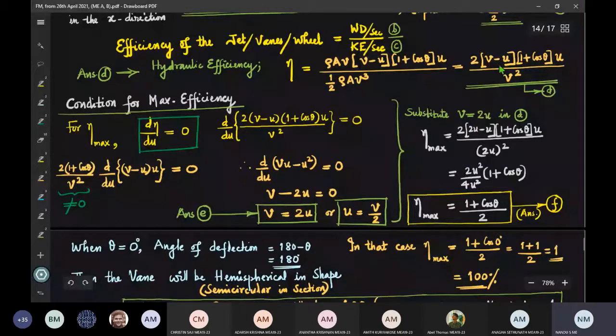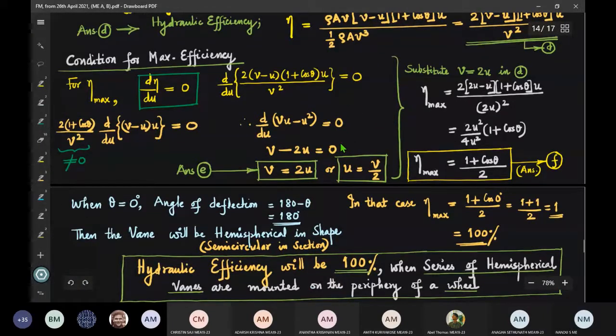Remember, in this efficiency expression, this 1 plus cos theta is the factor that comes in when you consider a series of curved vanes mounted on the wheel and the jet is striking at the center. When you use a series of flat vanes mounted normal to the periphery of the wheel, then the hydraulic efficiency is 2 into (V minus U) into U by V squared. Because this 1 plus cos theta is making all the difference, the performance enhancement we could say.